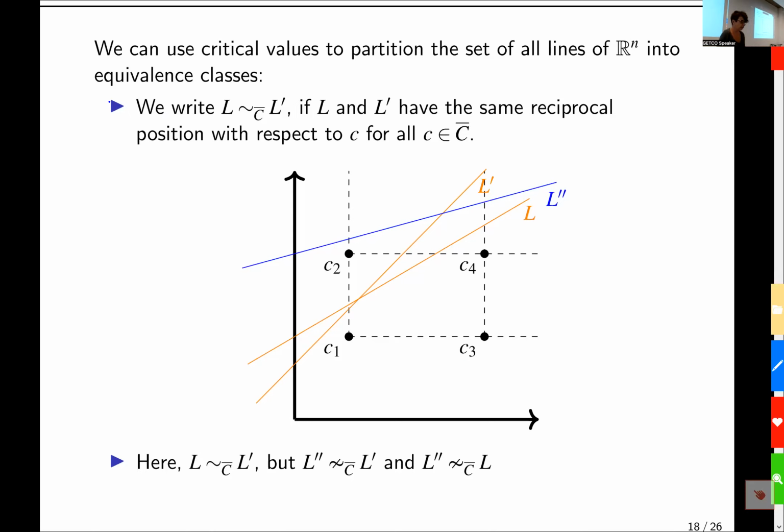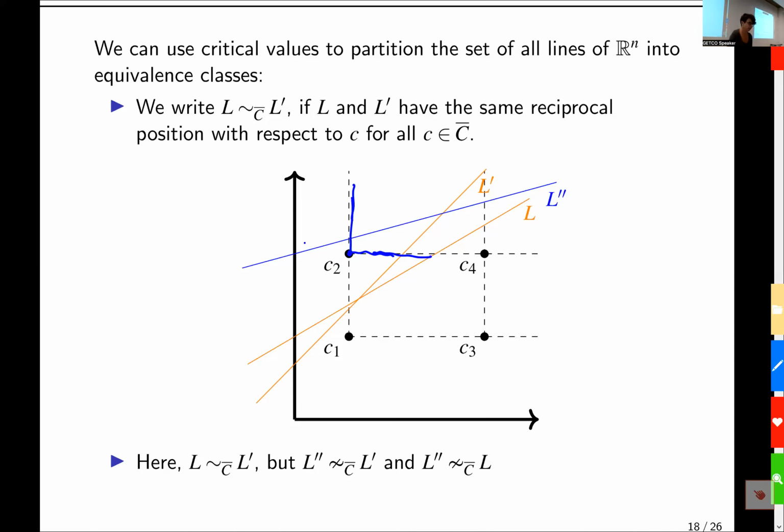When we increase the number of parameters, we can still define this equivalence relation simply by checking on which face of the boundary of the positive cone of a critical value the line intersects.